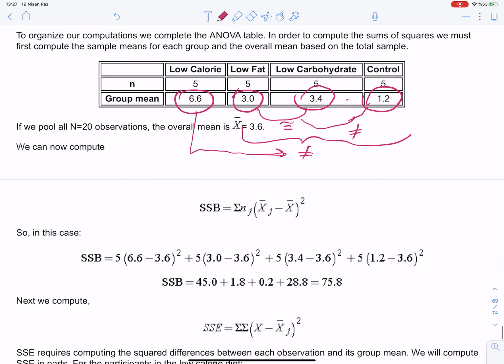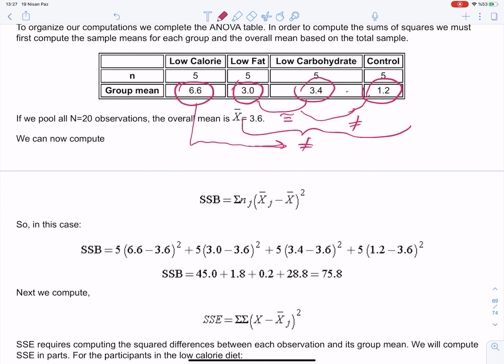Let's see that. Okay, from the previous week, in place of SSB we had SS treatment, which is very similar. By subtracting, this is the X bar. X bar is 3.6.